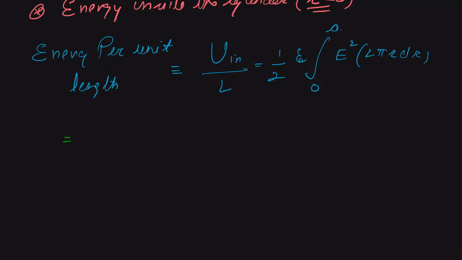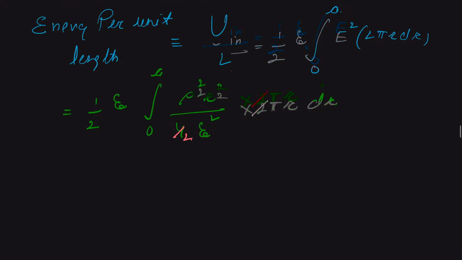So we get 1 upon 2 epsilon naught, 0 to A, and E square will be rho square R square upon 4 epsilon naught square multiplied by 2 pi R times dr, and this 2 goes by 4, and the rest will be the same.